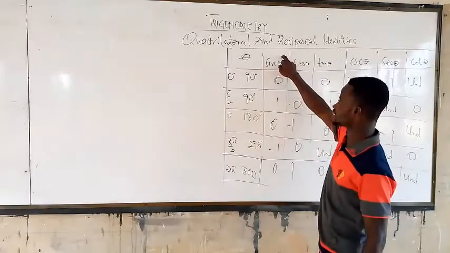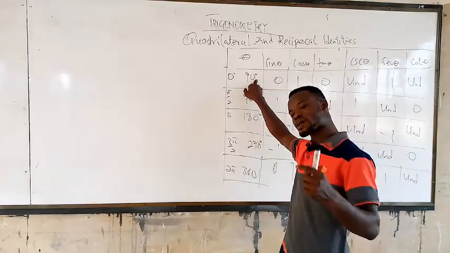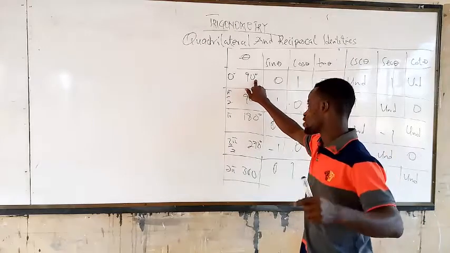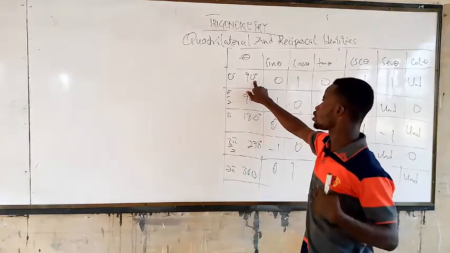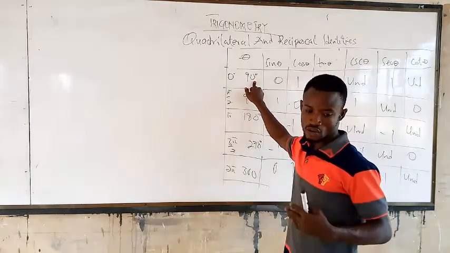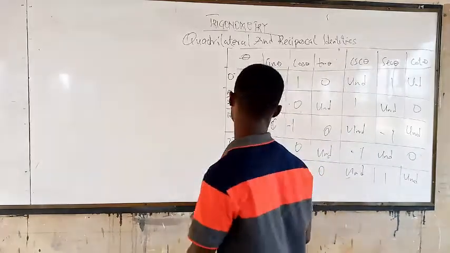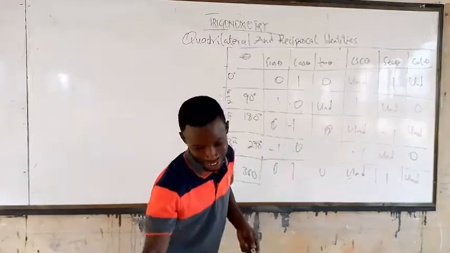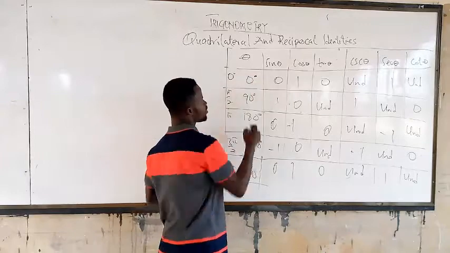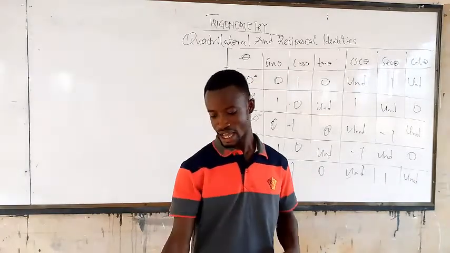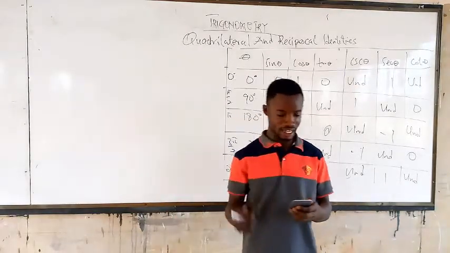So sine 90, but please check whether you are in degree mode or radian mode. Those working in radian mode should work in radian mode, alright? And you know how to be in radian mode.